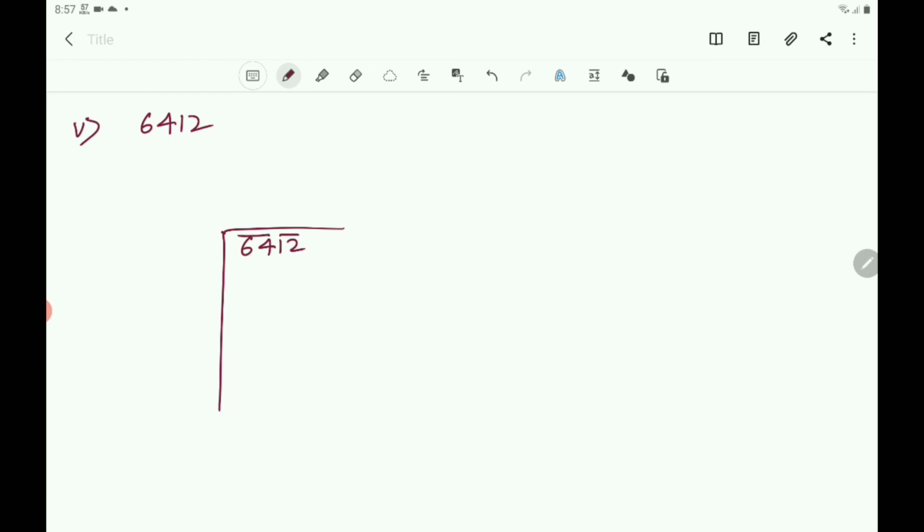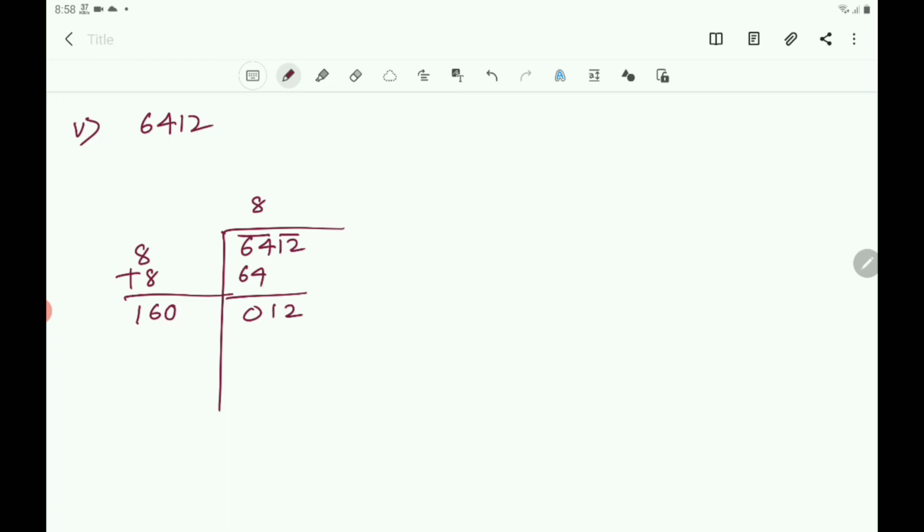Now you consider the 64. 64 is a square number. Take that itself. 8 8s are 64. So 64 minus 64 is 0, plus 8, that is 16. Then you take 12. Here you know that 12 is lesser than 16.